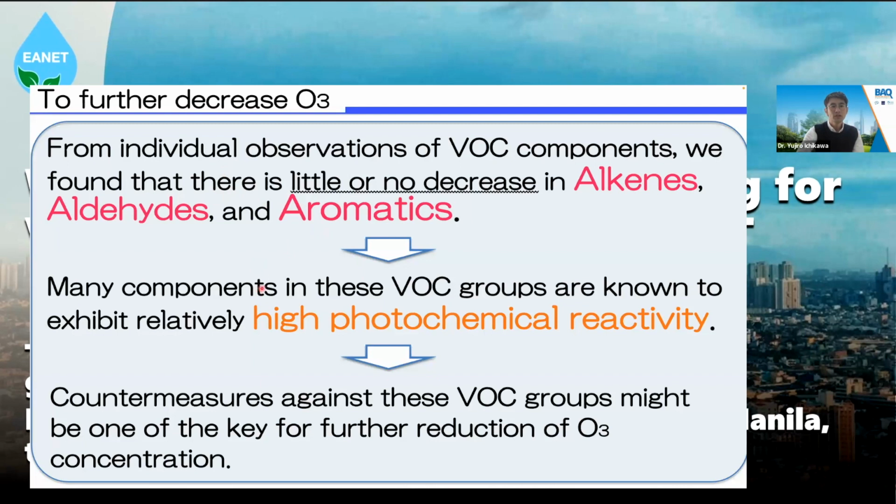Many components in these groups are known to exhibit relatively high photochemical reactivity. So I would say that countermeasures against these VOC groups might be one of the keys for further reduction of ozone concentration. And this is one of the conclusions we have reached.